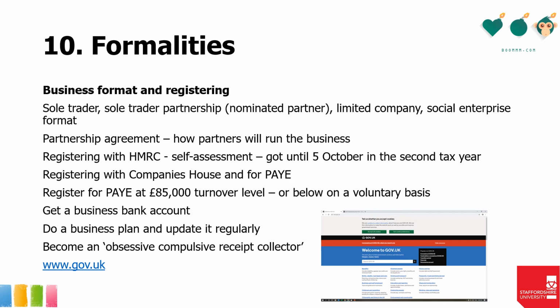Get yourself a business bank account. Do not run a business through your personal bank account. A, the bank won't like it. And B, more importantly, if you did have a randomised tax investigation and you can't quite clearly prove the difference between personal payments and income and business payments and income, a tax inspector is simply going to move it all into the personal income column and you'll get taxed on it.